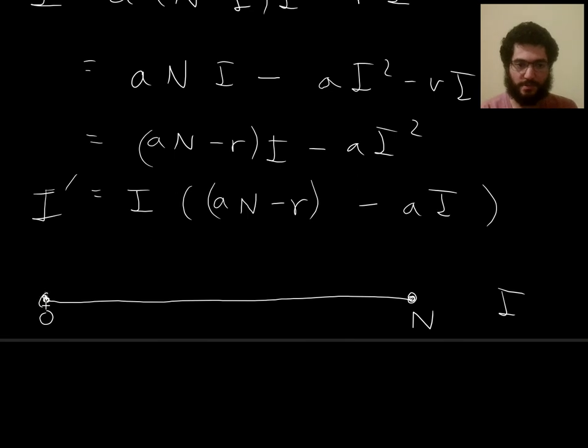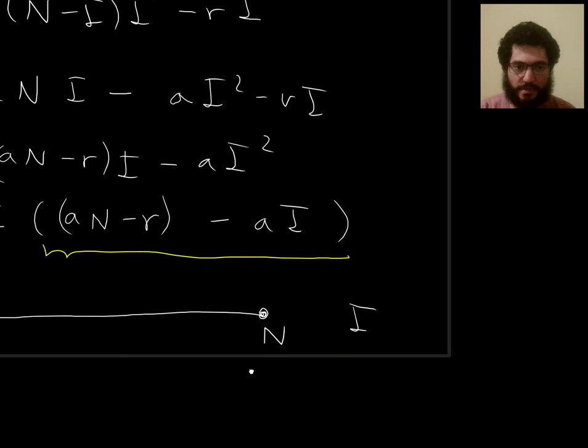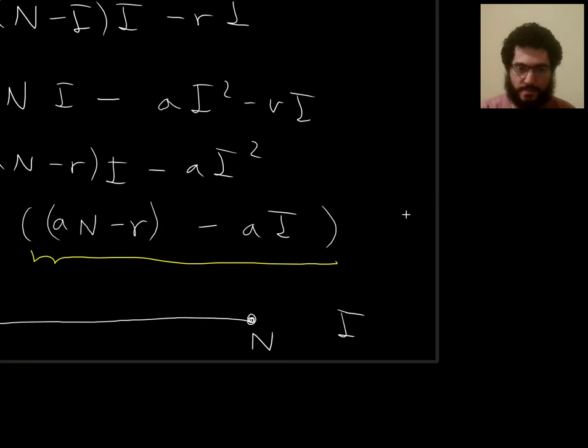So there's I equals 0. That's a critical point, right? Because I've got this factor of I here. And then another critical point is whatever value of I makes this thing here 0. So what value of I makes that 0? Let me do a little calculation off to the side here. It would be a value of I, let me call it I star, such that aN minus r minus aI star equals 0.